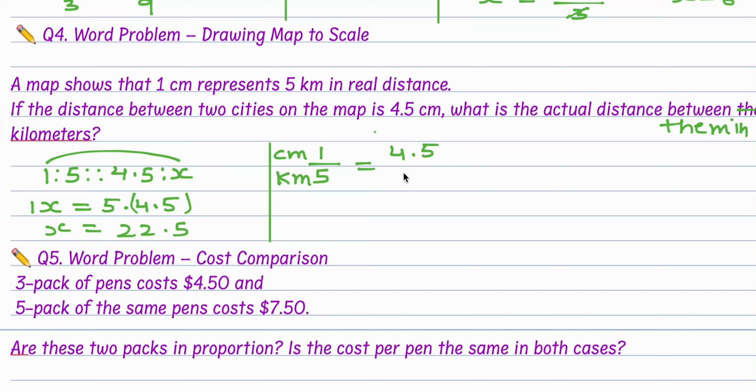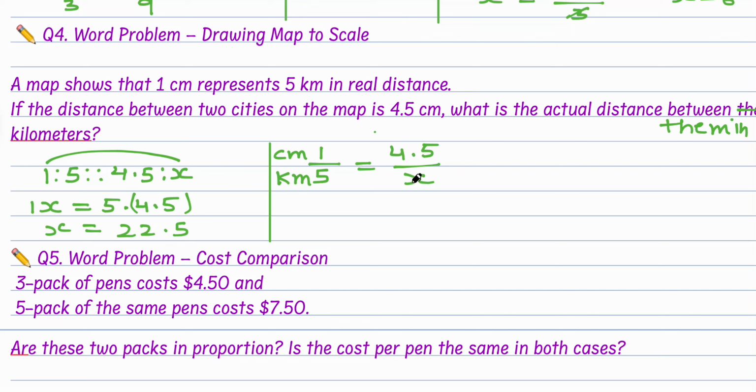This is the sequence you have to follow every time. Check if first is of centimeters, second should also be of centimeter, right? For example, here the first is centimeter, so this is also centimeter. Second one is kilometer, so this is also kilometer. And in fraction form, if it is numerator centimeter, it should be the centimeter, and denominator is kilometer.